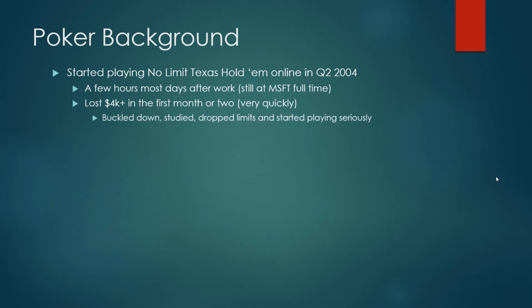So I dug in. I started studying, because a lot of people think it's a game like blackjack where you just play and it's you versus the house, and that's actually not the case. The casino actually loses money typically on having a poker room, but when people walk in the door, they gamble on the way to the poker room and they gamble on the way out, especially if they win.